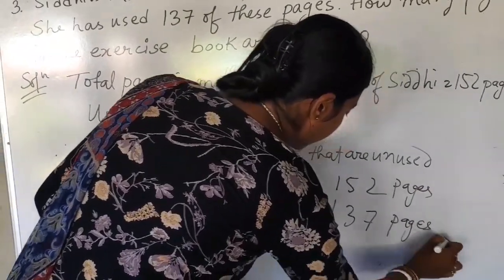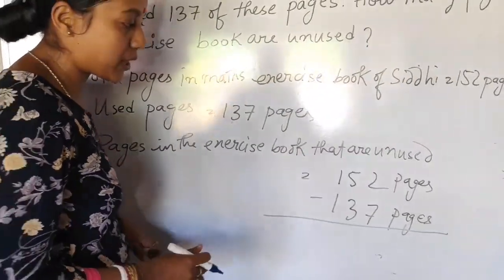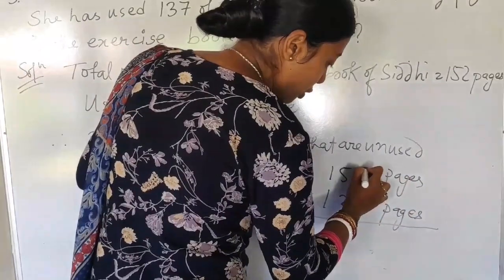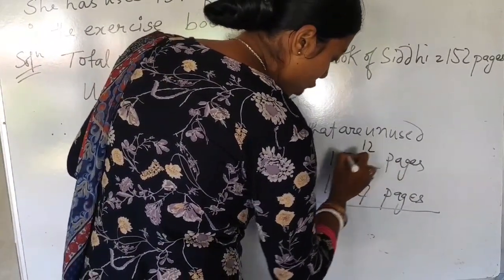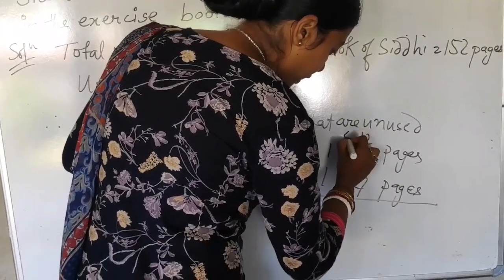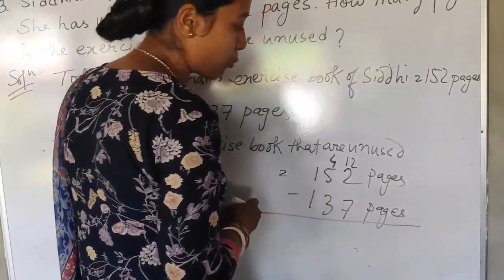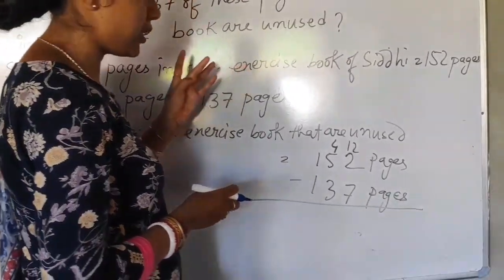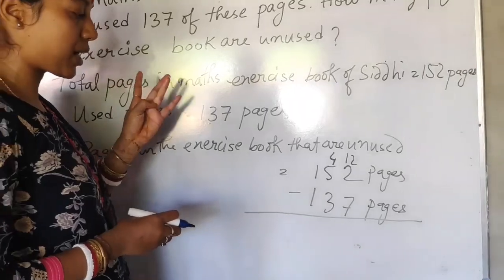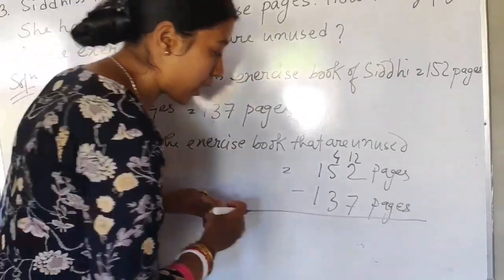So now subtract it. From 2 can we subtract 7? No. We have to regroup it and how much will come here? From 5 if we take 1 ten, then it will become 12 ones. So from 5 tens we have taken 1, it will become 4 tens, right? So 12 minus 7 is how much now? 1, 2, 3, 4, 5, 6, 7, 8, 9, 10, 11, 12. From 12 you subtract 7. 5 will remain.